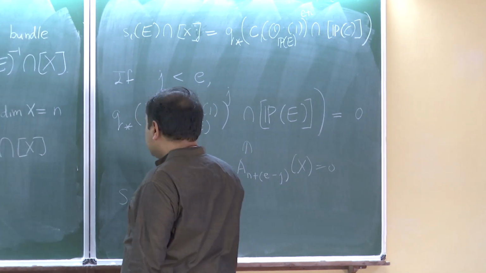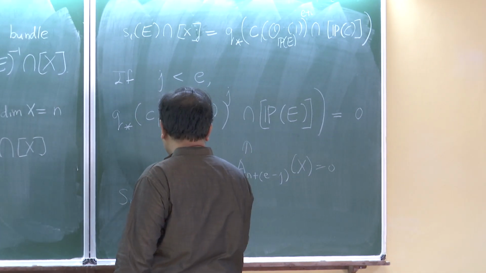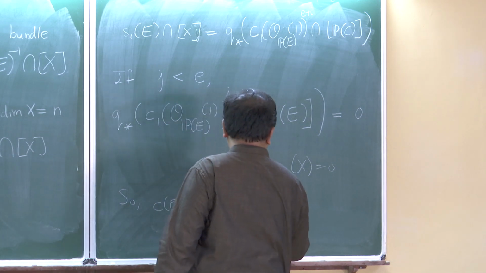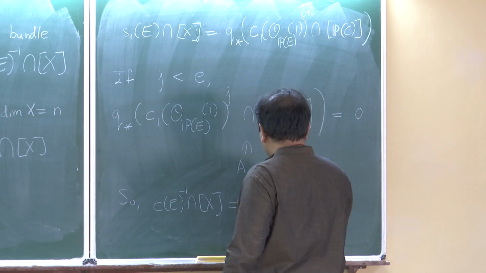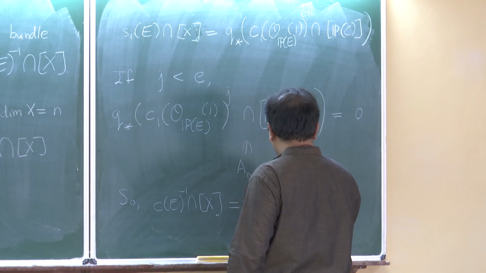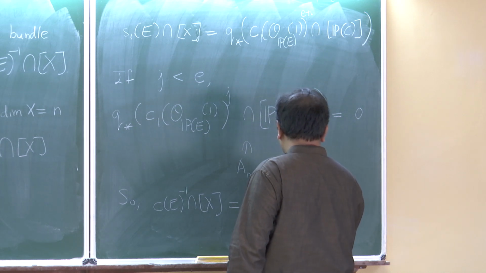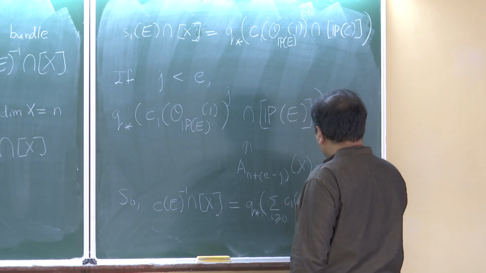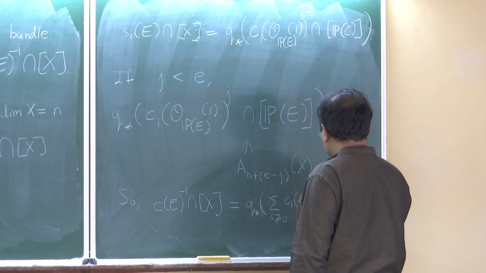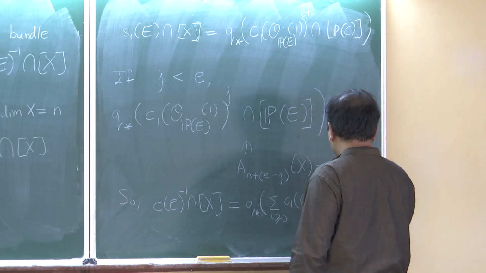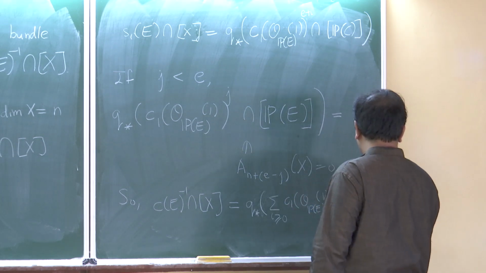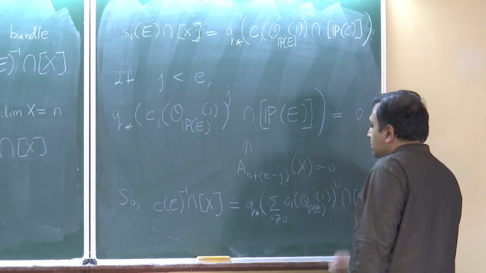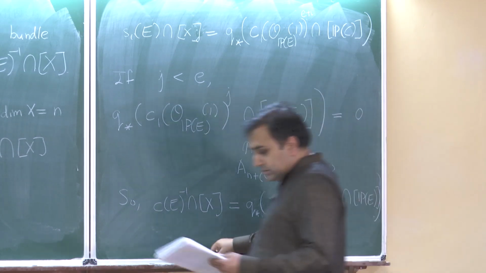So the point is that c_e inverse of x is actually the same as q lower star of the summation i greater than or equal to 0 of c1 of O_P(E)(1) capped with P(E), right?